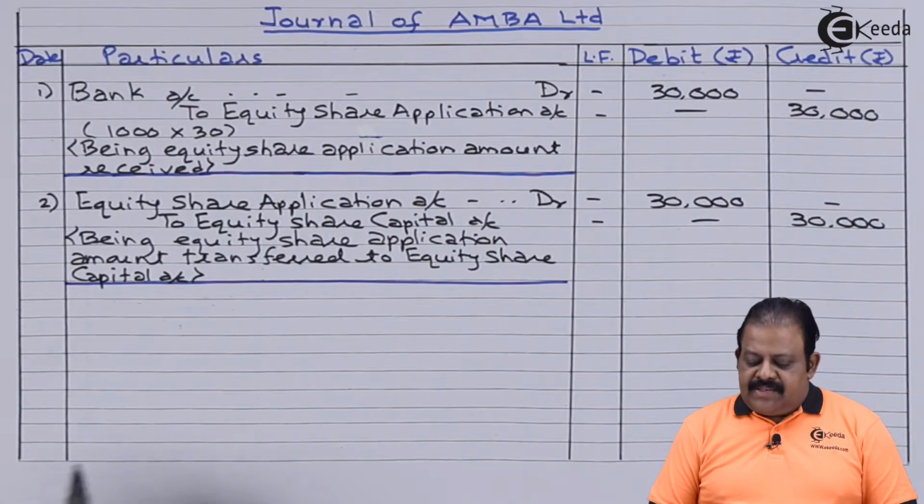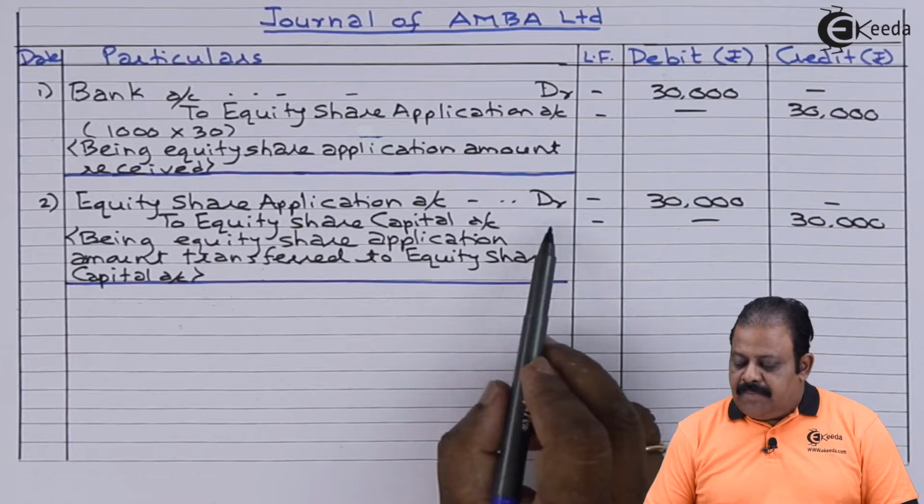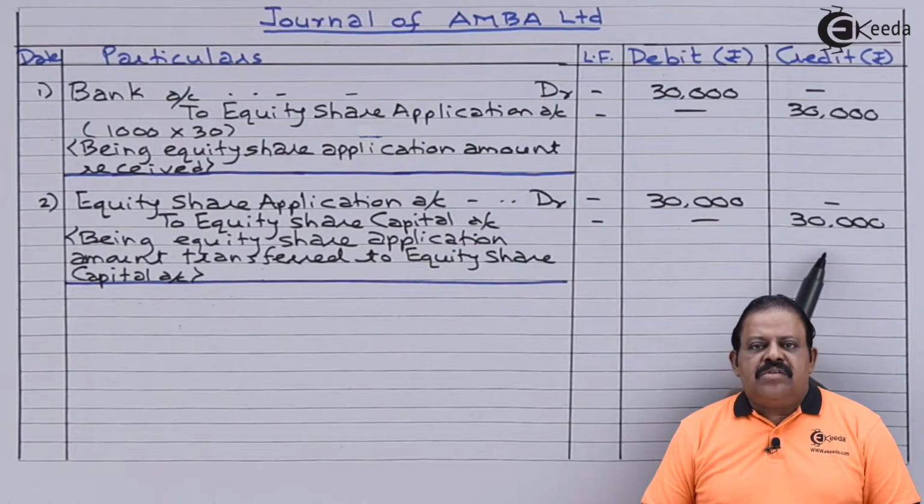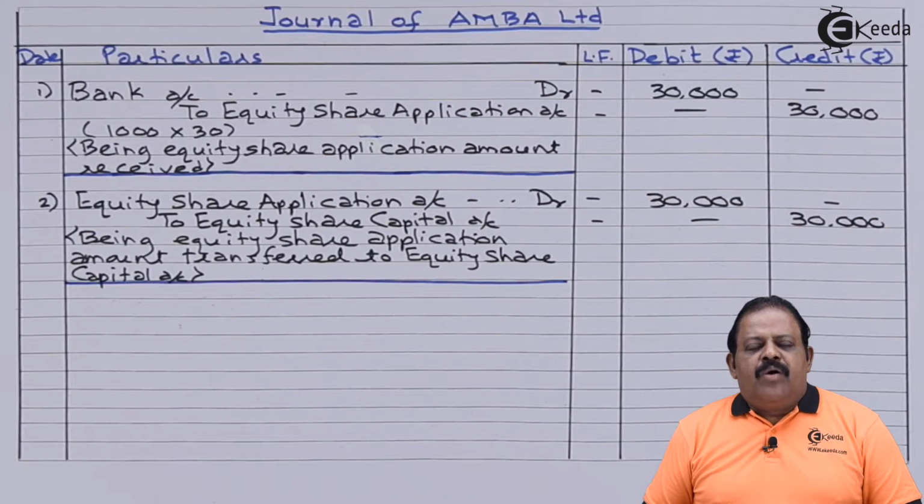So our second entry is equity share application account debit 30,000 to equity share capital account 30,000. That means the amount of application is now transferred to equity share capital account.